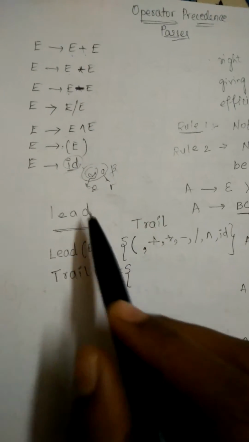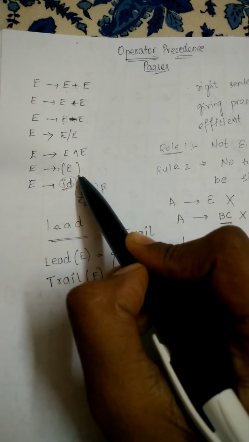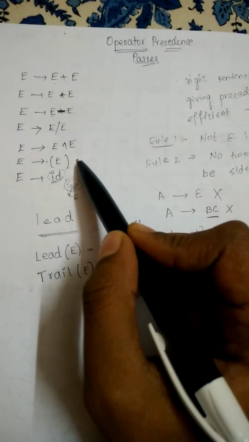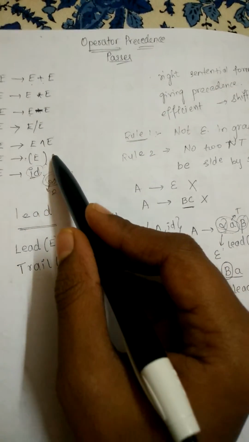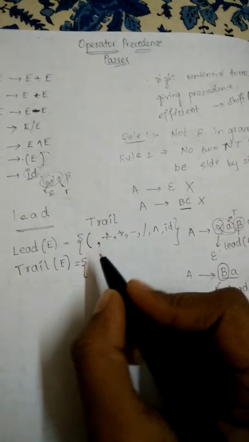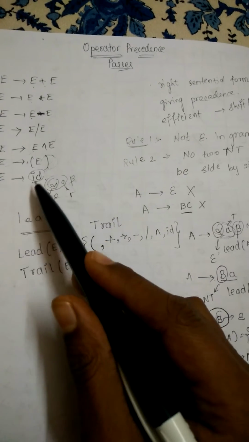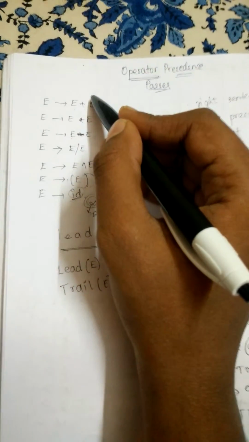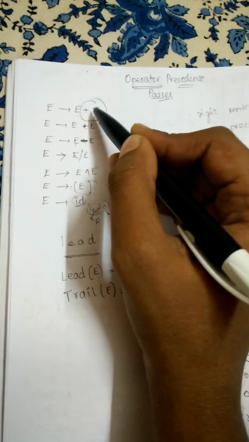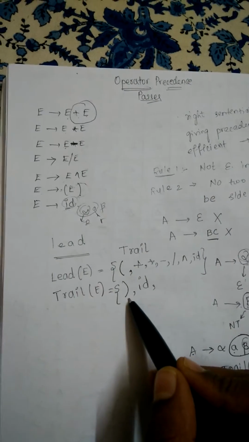Now we'll see. Here the trail of E is close bracket itself, where it satisfies this condition, beta is epsilon over here. So it contains close bracket, and as it contains id, now consider this thing, plus E. So we have to find the trail of E. What's the trail of E so far?